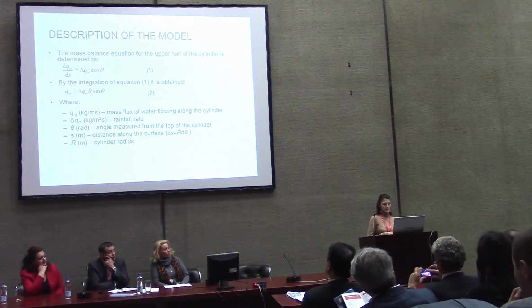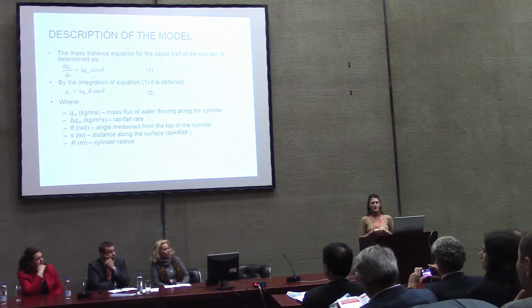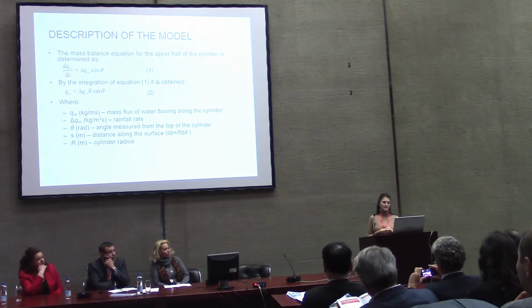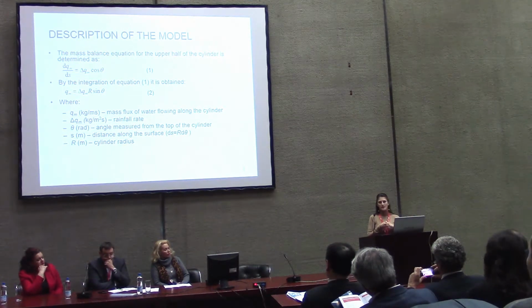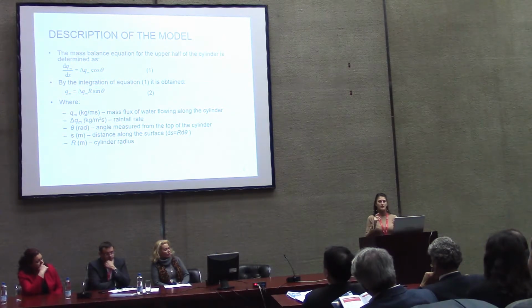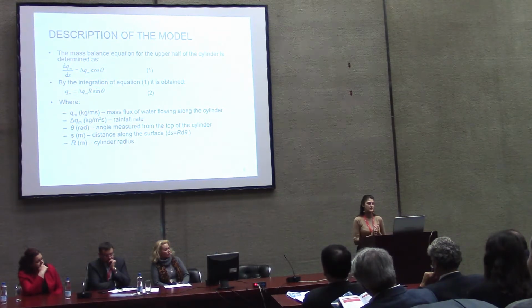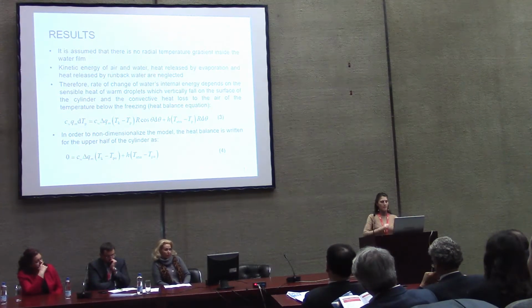So the mass balance equation for the upper half of the cylinder is determined by equation 1, and by the integration of this equation it is obtained that mass flux of water flowing along the cylinder depends on rainfall rate, cylinder radius, and angle measured from the top of the cylinder.